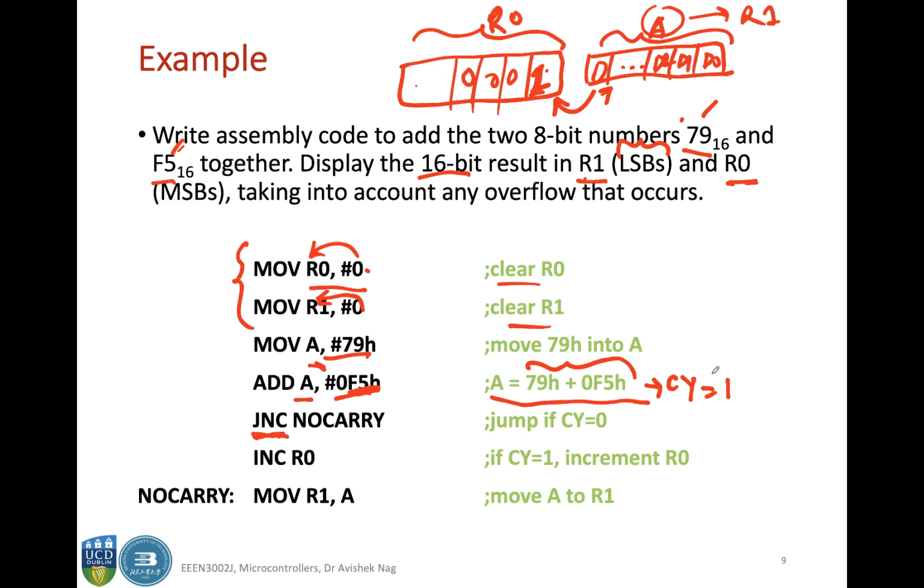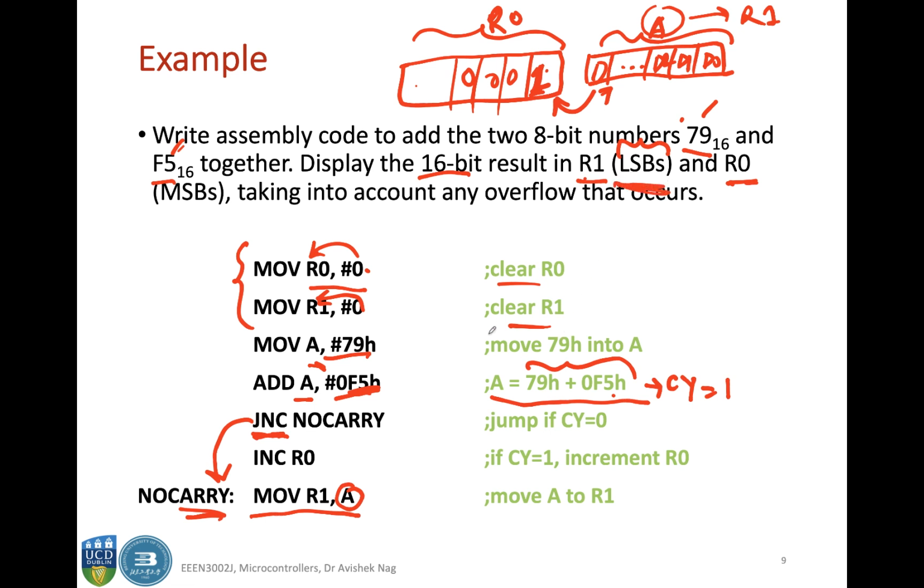So in this case there is a carry. Okay, if this addition didn't give me any carry, this carry flag would have been 0, and it would have jumped to this line which is labeled as no carry. And what this line is doing, it's just moving the final result in A to R1, and remember R1 will contain the LSBs.